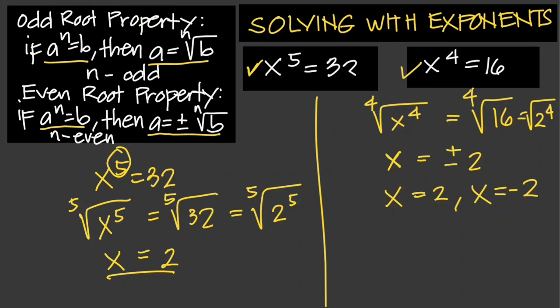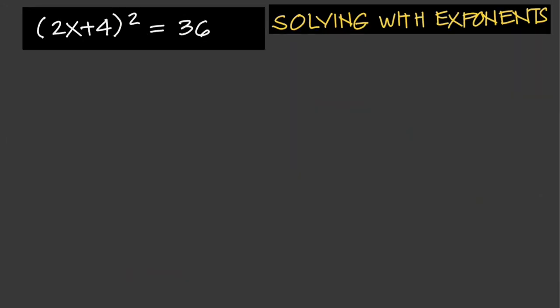Let's try another example. What if we were given 2x plus 4 squared equals 36? Our exponent here is 2, and 2 is even, so we use the even root property. That means we have two solutions.